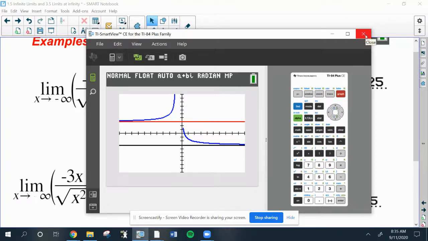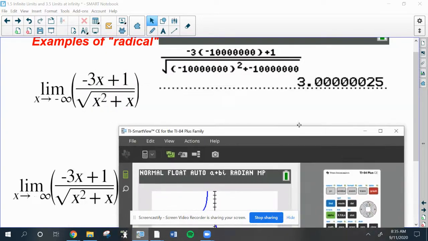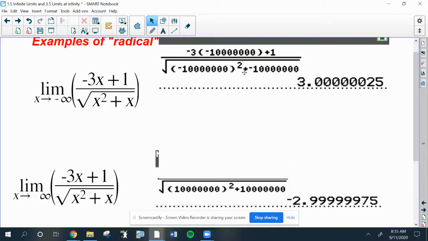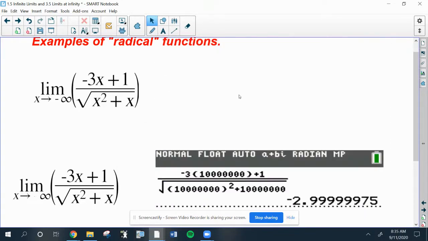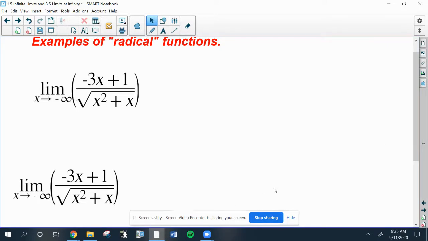So now that we know these types of functions could have 2 asymptotes, or in other words, approach 2 different numbers as x goes to positive or negative infinity, let's look at a way that we can figure out how you can tell without doing all of this work. So I'm going to use the same function, and I'll show you how you can tell.